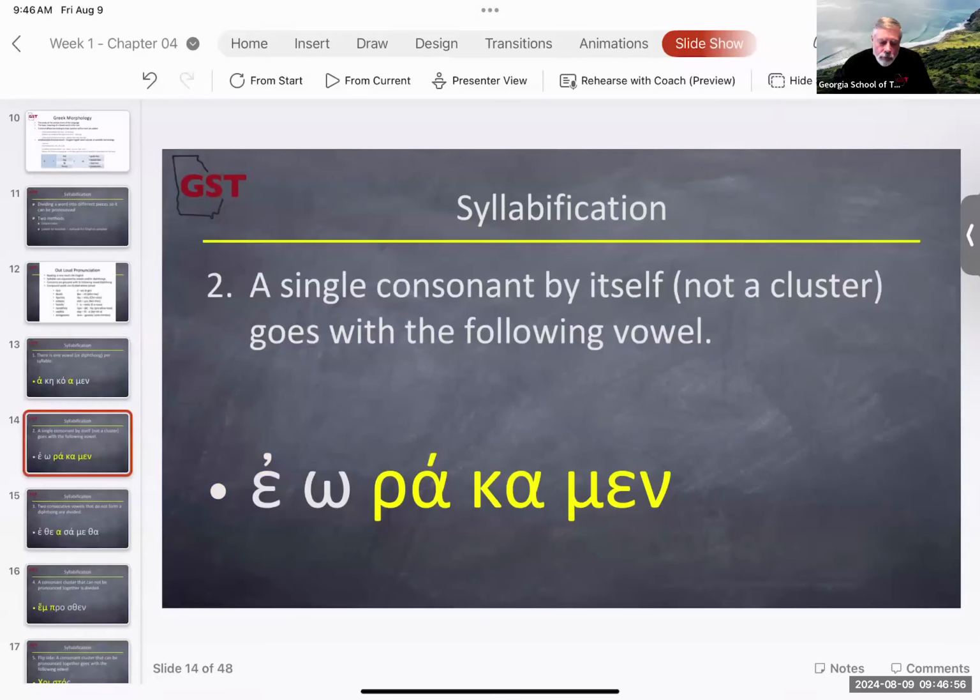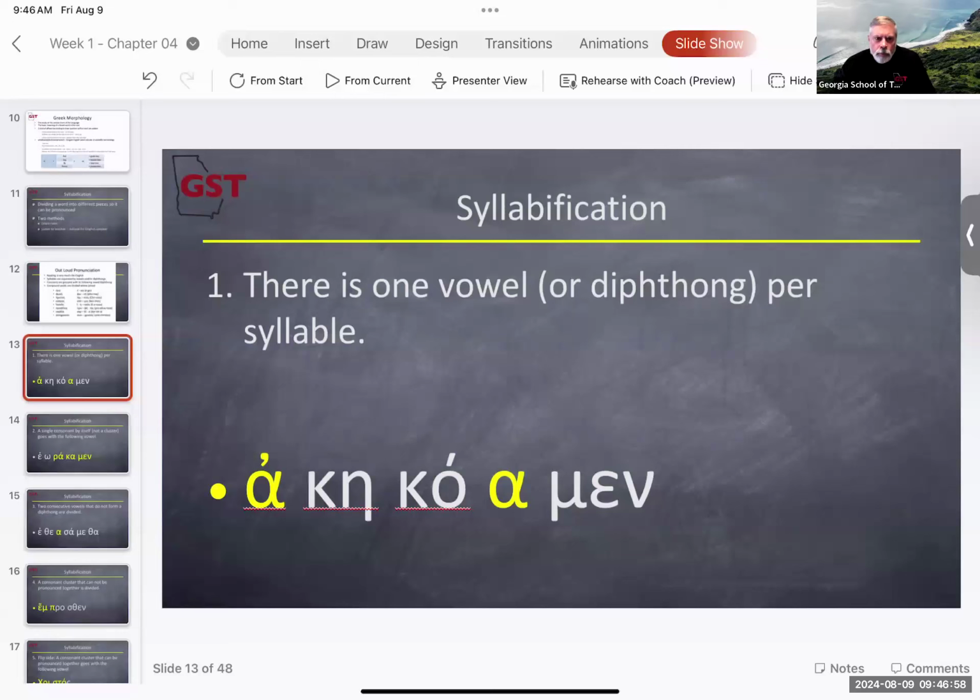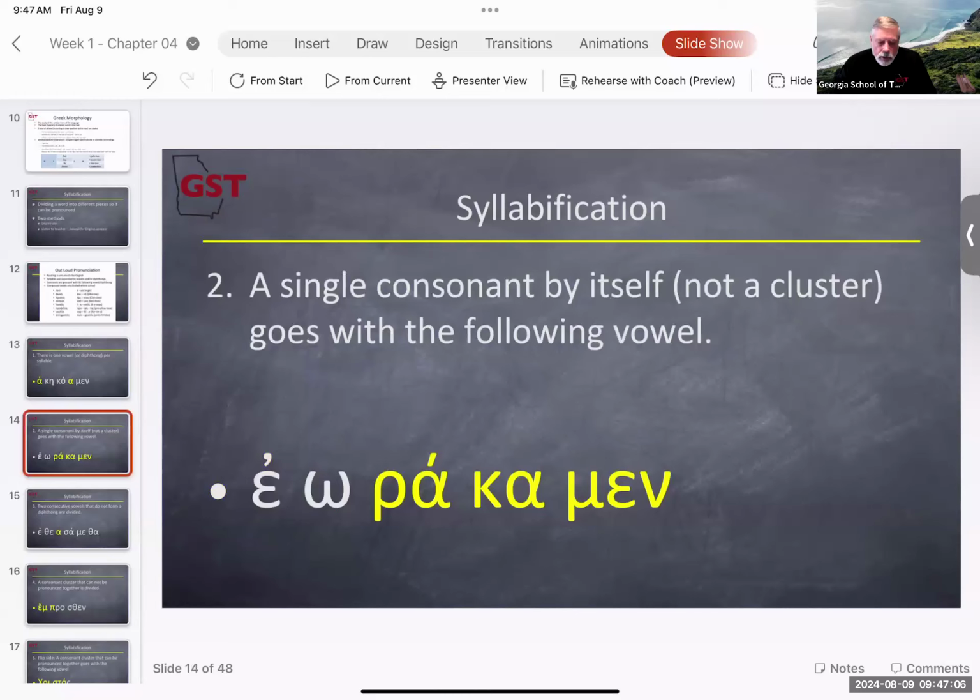All right, now, every vowel, every diphthong forms a syllable, right? So in this case, there are 5 vowels, there's 5 syllables. Also, a single consonant by itself, not a cluster, goes with the following vowel, right?